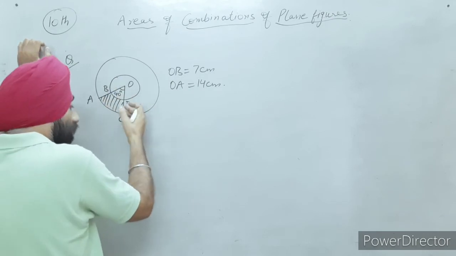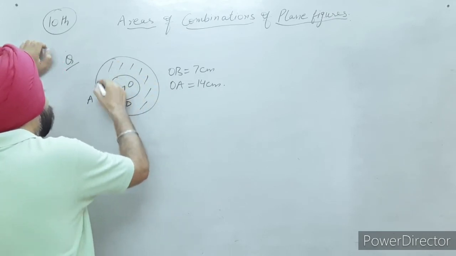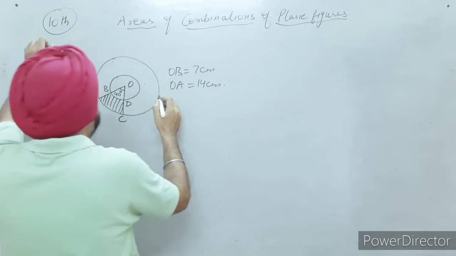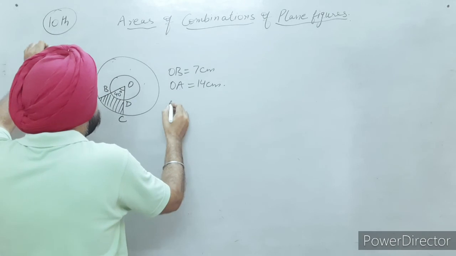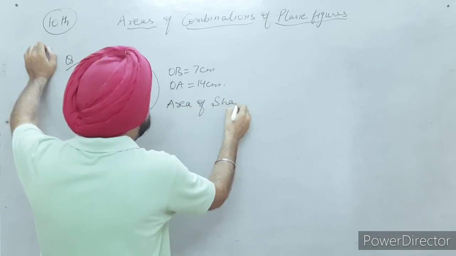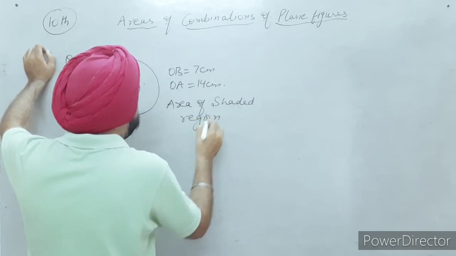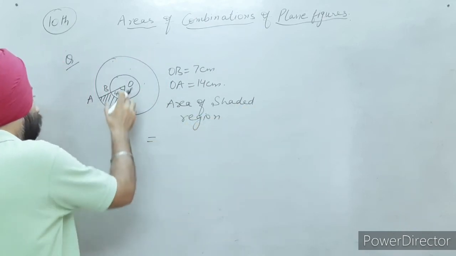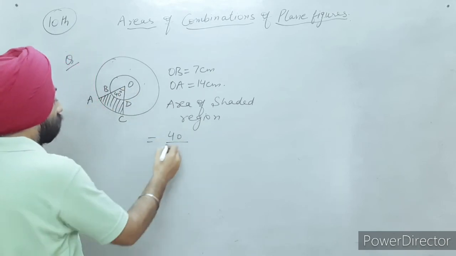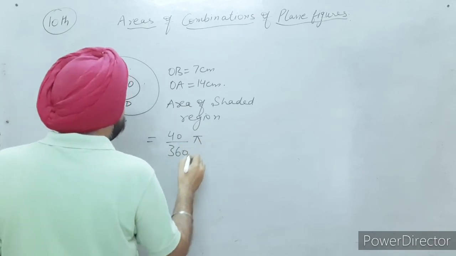Now it will be the formula of the ring which we wrote in the very first lecture. I told you the formulas of the area of the ring. The area of the shaded region is equal to, now 40 upon 360 into pi radius here.